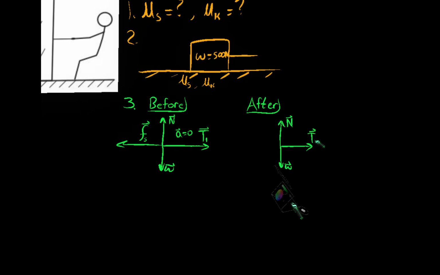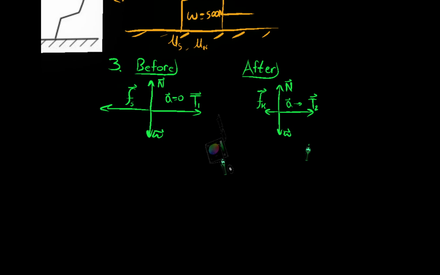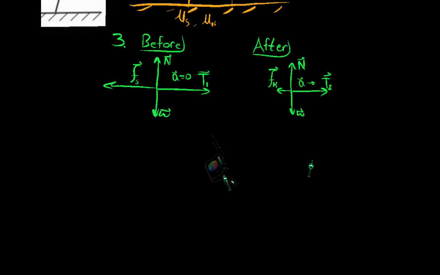Well, do whatever you want. T2, T1, just as long as you're consistent with your drawing. And now we have a friction force, but it's kinetic friction. Kinetic friction. And this time there is a net force, so I drew this one smaller. And so now there is a net acceleration, and it's going to be that way. Okay. So we've just added new forces to have to deal with, that's all, right?